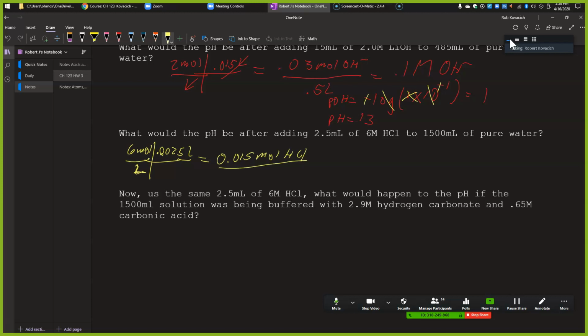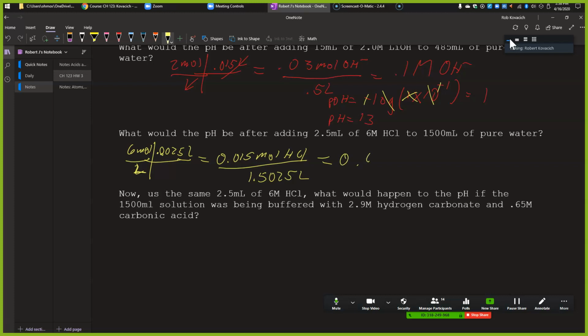And then we're going to divide that by 1.5025 liters. Is that right? 2.5 milliliters added to that? Yep. So we're going to divide by 1.5025.